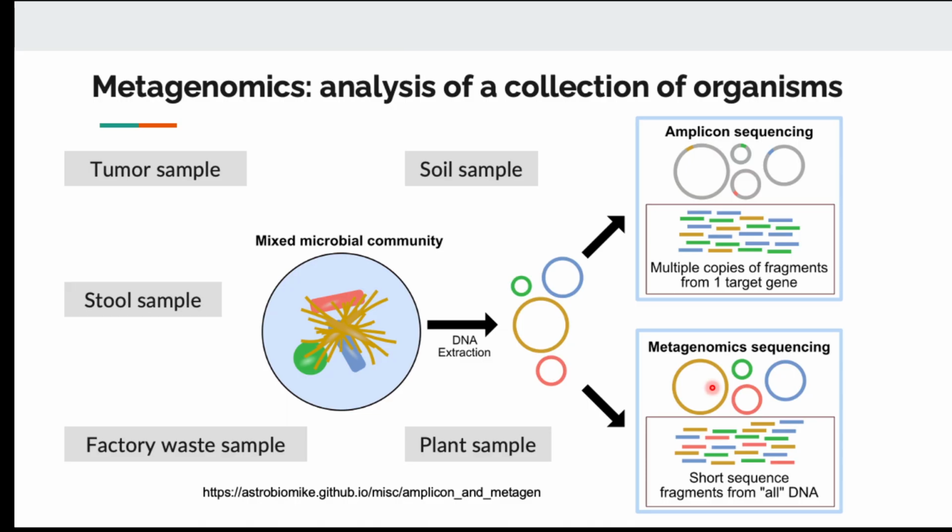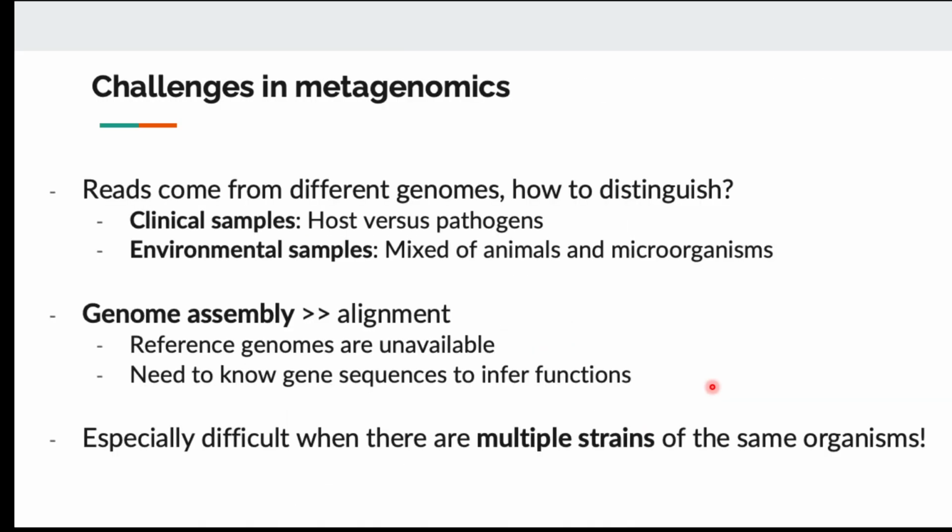So before we dive into all the details, let's take an overview of what difficulty can arise when we have a metagenomic sample. So first, the obvious one, all the reads that we are getting now can come from different genomes. How do we distinguish them? Whether this is a human read or this is a viral or bacterial read.